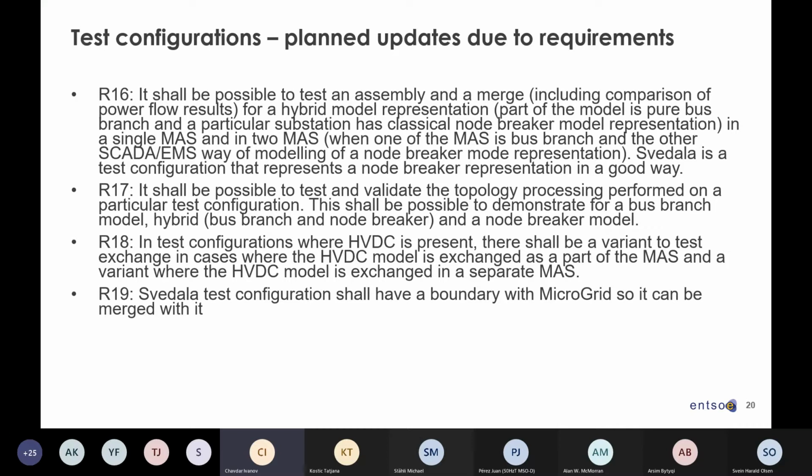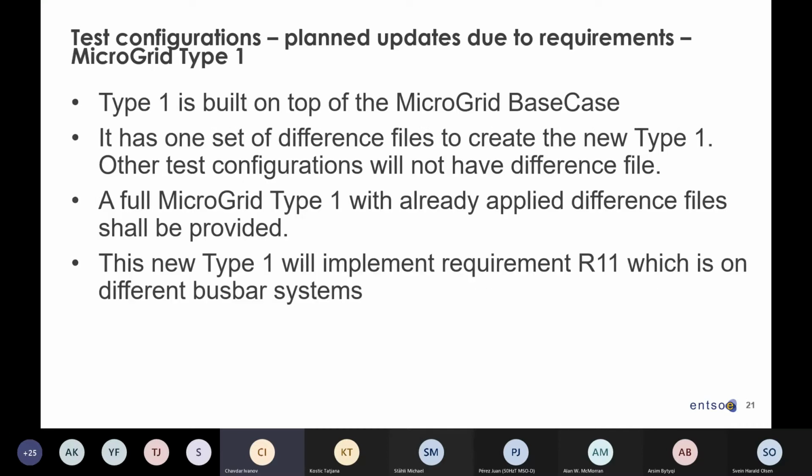And if you take into account all the combinations of different controls that are now available in CGMES, you can easily imagine that you need quite a few HVDC links to exercise all of that. I'm not sure if the test configurations developed now will completely cover everything, most probably not, but hopefully they cover the main setup. Maybe we can move to the next slide.